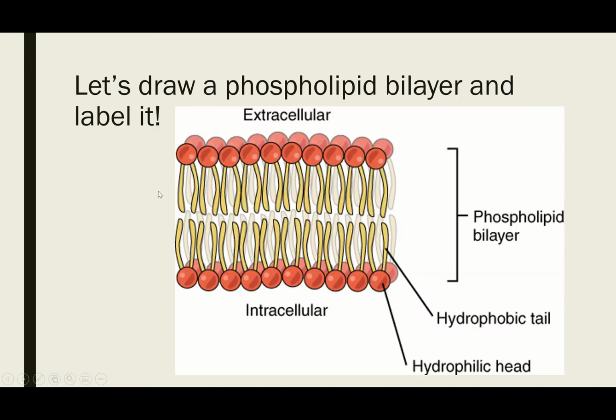So if you look, whoa, my bad. So if you look, our hydrophilic heads are on the outsides and the insides, and our tails are in the middle. This is good because on the outside of our cells, sometimes we come in contact with water, right? Think about your skin. It comes in contact with water. And the inside of our cells are in almost constant contact with water because if you remember, the cytoplasm is mostly water.